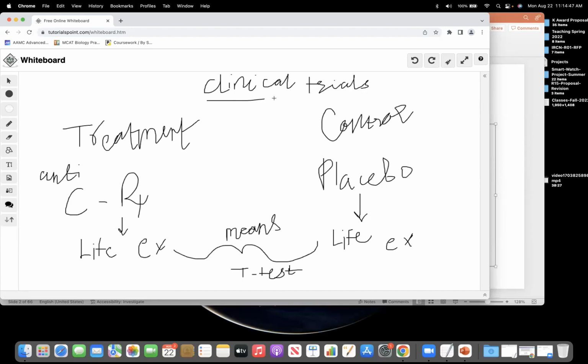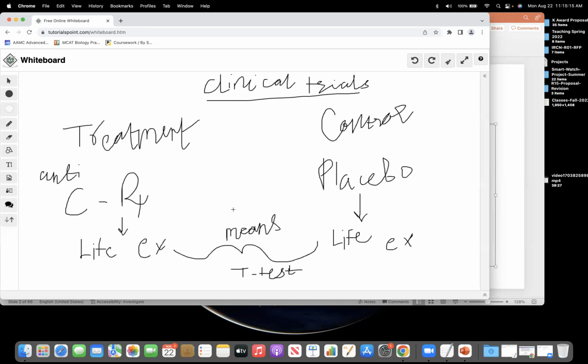So in the COVID pandemic, they had vaccines. So they give vaccines to the treatment group and they give vaccines or no vaccines to your control group and see if there is a recovery of patients in the treatment group compared to the control group. And here also you can use a t-test to compare if the vaccines are effective on your treatment group, right?